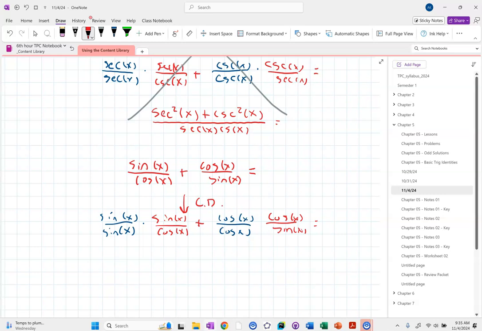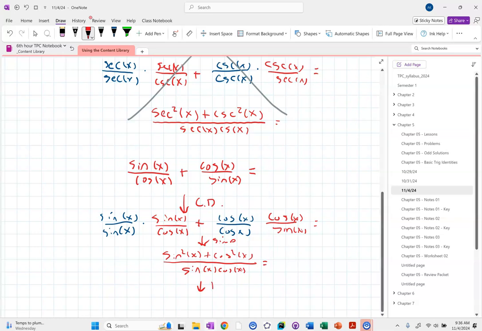So if we go ahead and multiply our numerators out, I have sine squared plus cosine squared over sine x times cosine x, and already I like what's happening here a lot better, right? So just did a little simplify there. What do you notice in the numerator? Sine squared plus cosine squared.